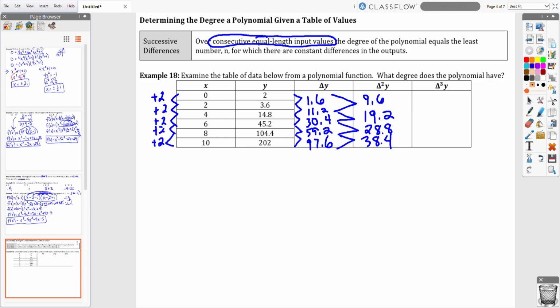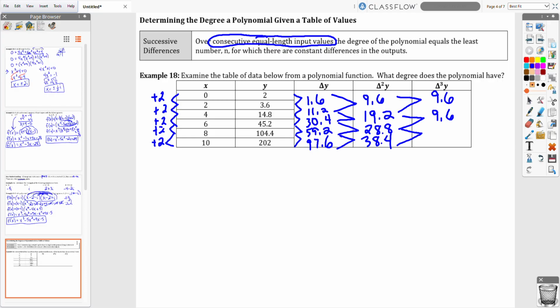So if the first differences were the same, then your function would be linear. If those second differences are the same, your function would be quadratic. So if we have third differences the same, check this out. We have 19.2 minus 9.6, so we get 9.6 there. And then 28.8 minus 19.2, look at that, 9.6.